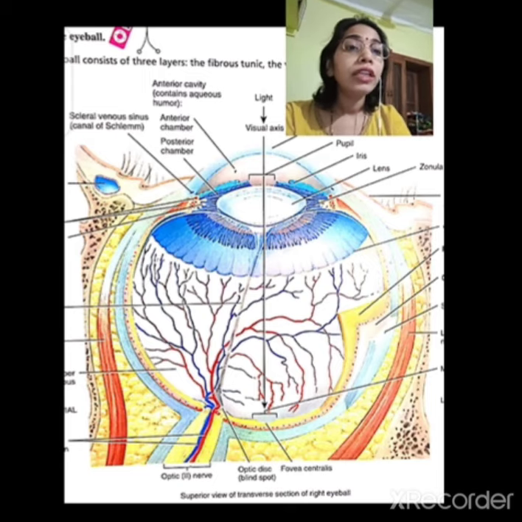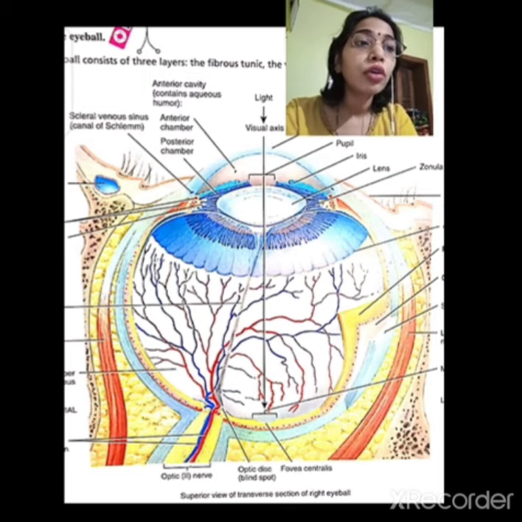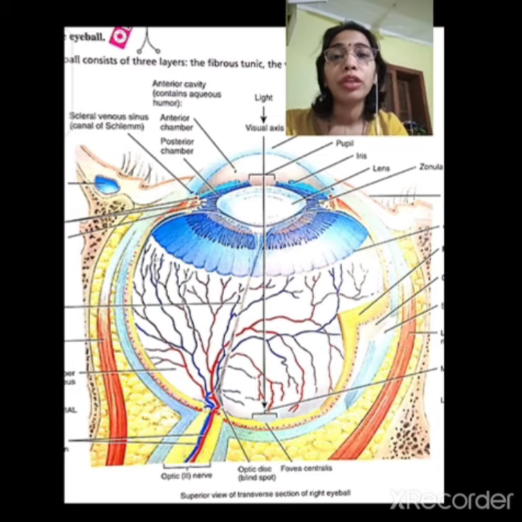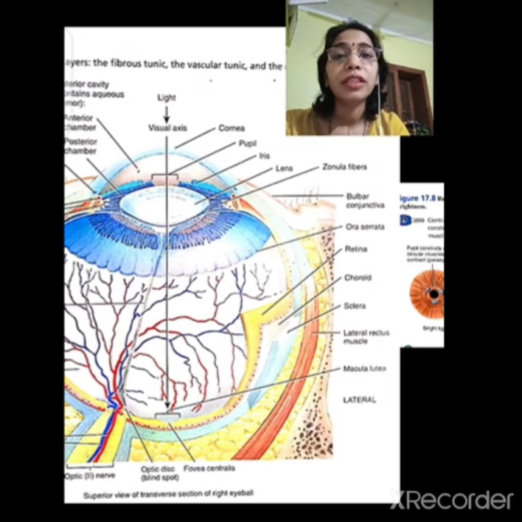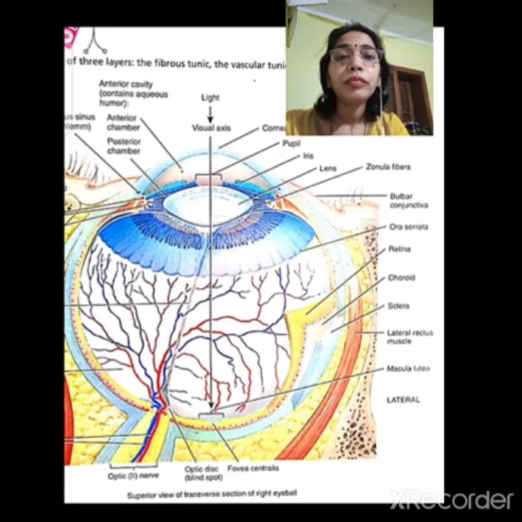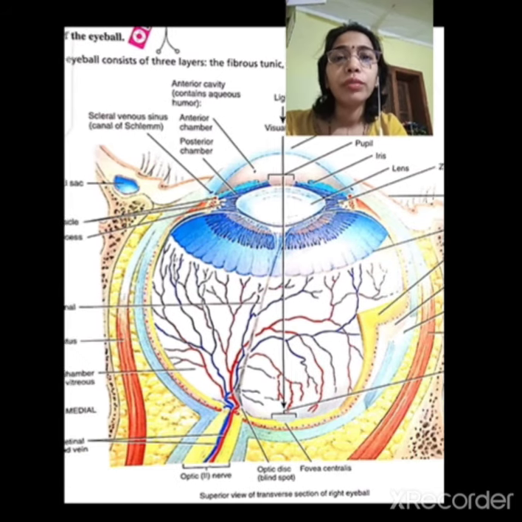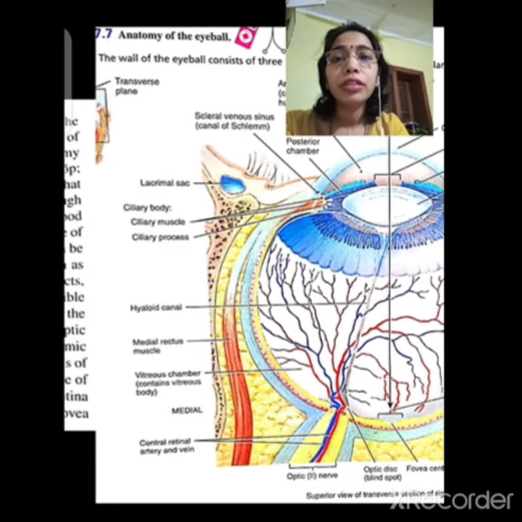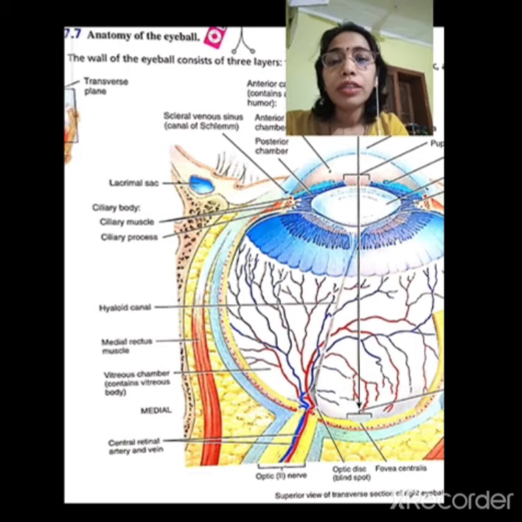In the anterior portion of the vascular tunic, the choroid becomes the ciliary body. You can see the choroid becomes the ciliary body here.